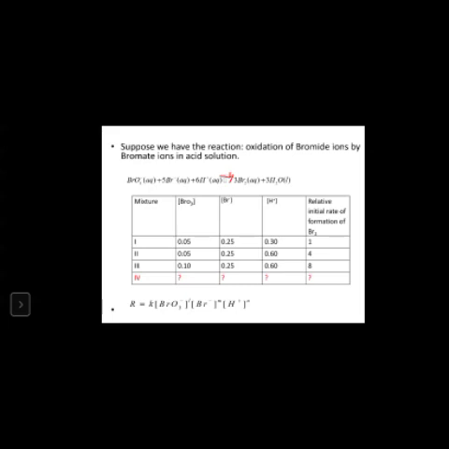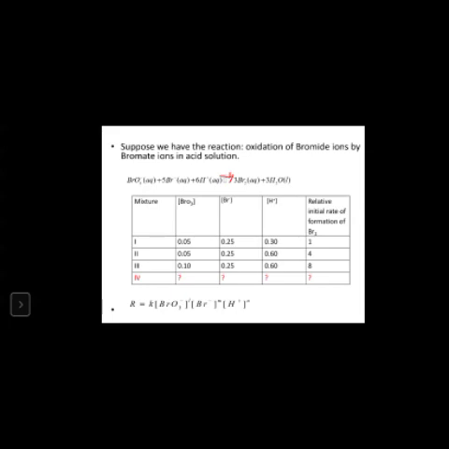So this is how you can get a table like this from the data you have here to calculate the order with respect to each of the reactants. But look at experiment 4. I decided to put in some values there, so you can find out how to calculate the order with respect to bromide. I have not found that order, so maybe I will give that to you as a quiz or a test.